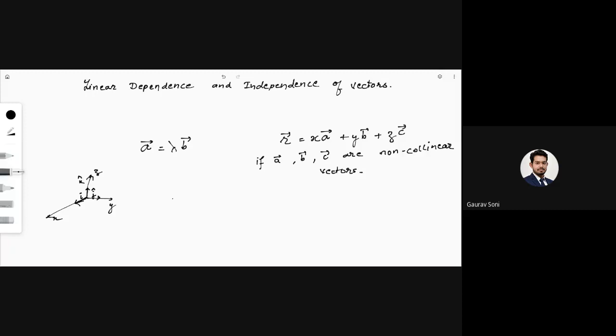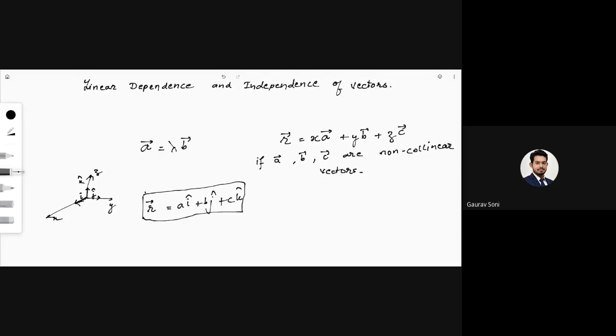So any vector can be written as a i cap plus b j cap plus c k cap. This we have already proved. Okay. So what do we mean by this?